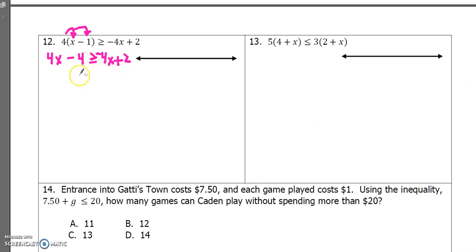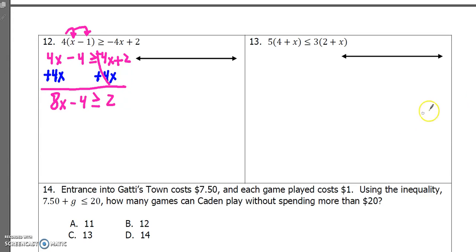I have x's on both sides of my inequality sign, so I like to move it to the left. So I'm going to get rid of this negative 4x by adding 4x to both sides. And then that will leave me 4x plus 4x will be 8x minus 4 greater than or equal to, the negative 4x plus 4x is gone, and it just leaves my positive 2.